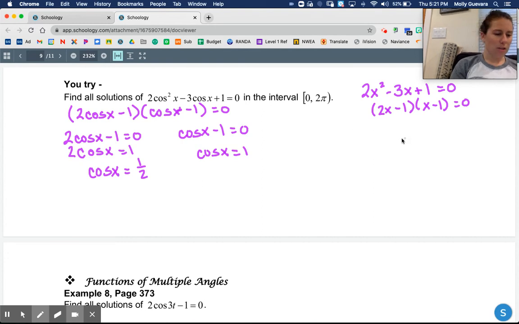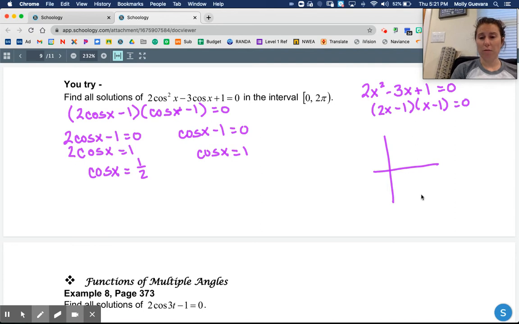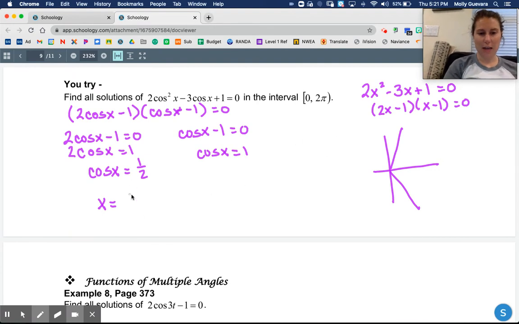Again, I think it's helpful to draw it. Cosine is positive in quadrants 1 and 4, so cosine is 1/2 here and here. It wants me in the interval from 0 to 2 pi, so I'm not going to be adding pi n or anything like that. So this angle is pi over 3, and this angle here is 5 pi over 3.